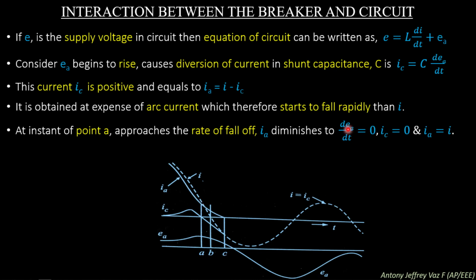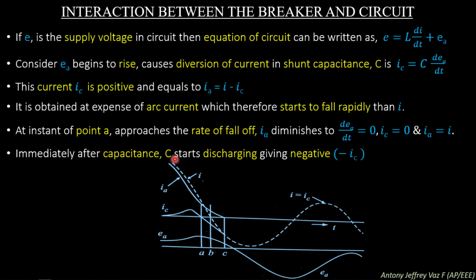So dEA divided by dt will be equal to 0, IC equal to 0 and IA equal to I. At this point A you can see IC is equal to 0 and IA equal to I, because dEA by dt is equal to 0 and the rate of fall of IA starts to diminish.